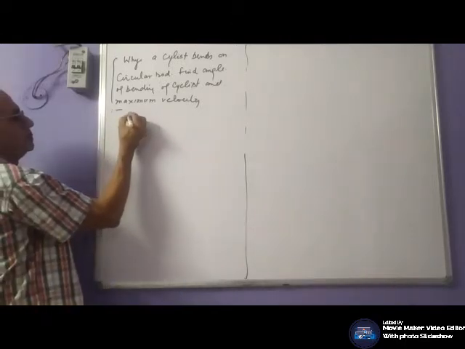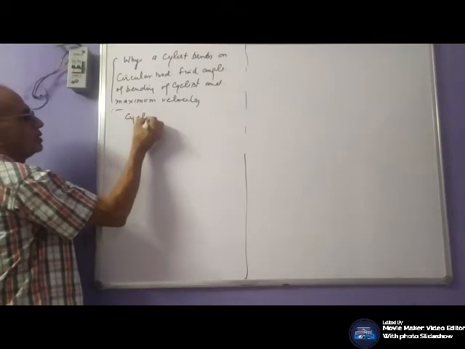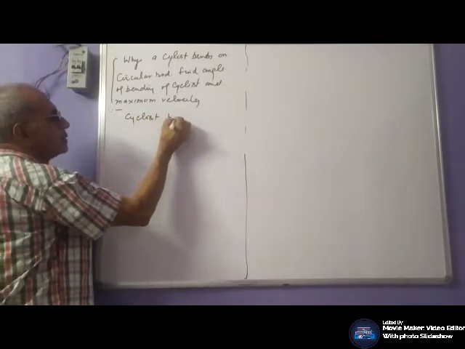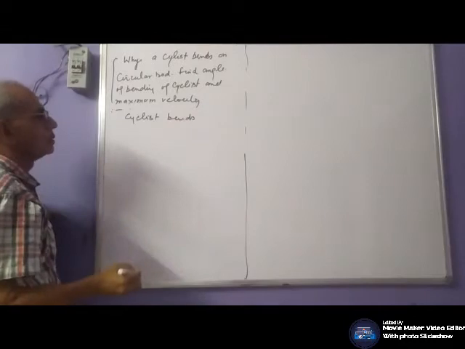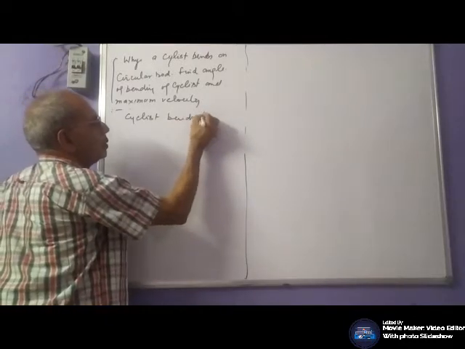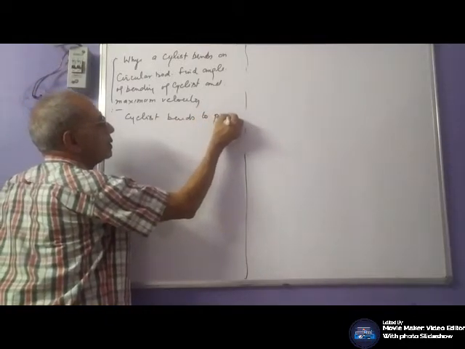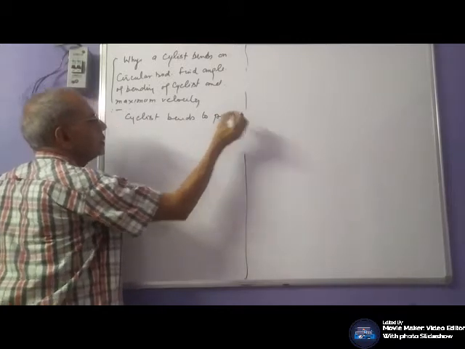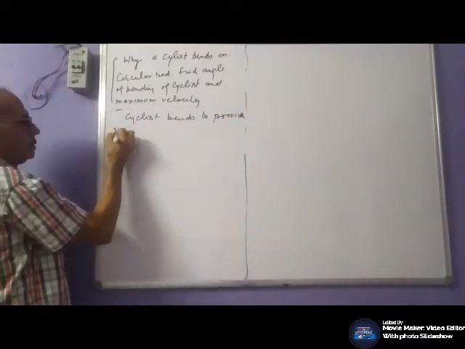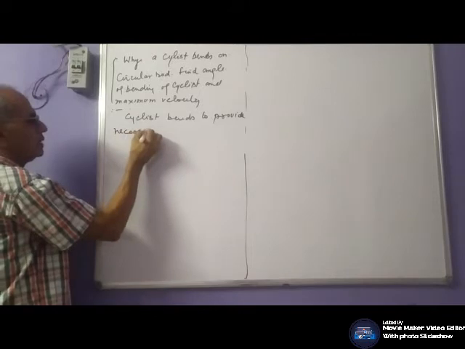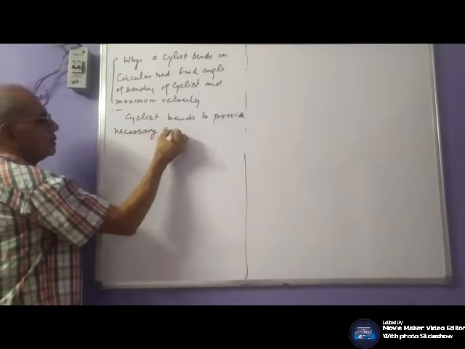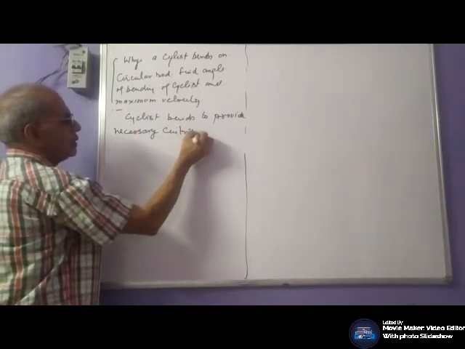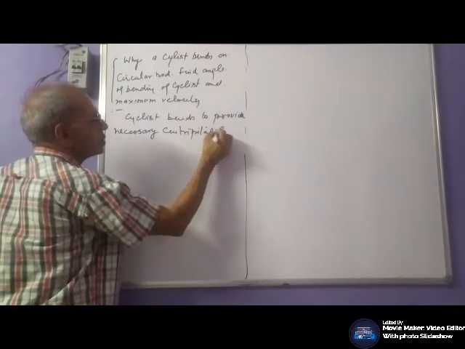When there is a circular path or road, the cyclists have to bend. Why does he bend? The cyclist bends to provide the necessary centripetal force.